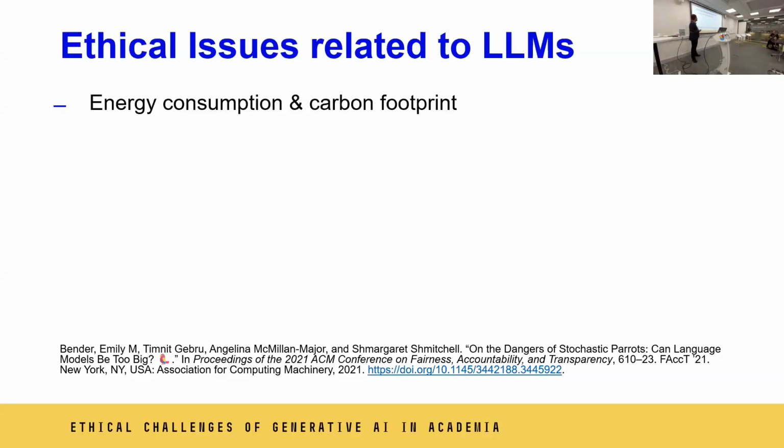First, it's the energy consumption and carbon footprint. I told you what kind of computation has to happen until you get one token. So you can imagine that only using this tool consumes some energy and produces some carbon dioxide emissions. And for training, it was even worse.